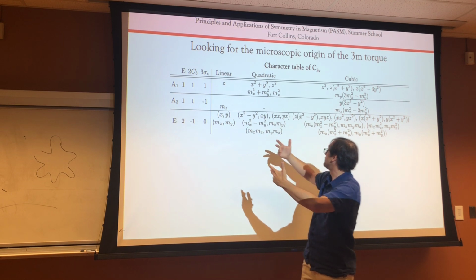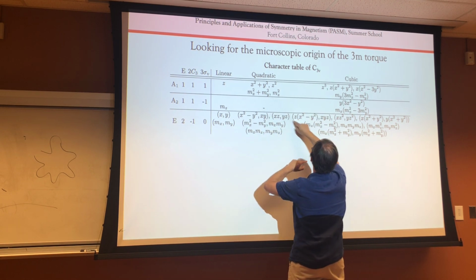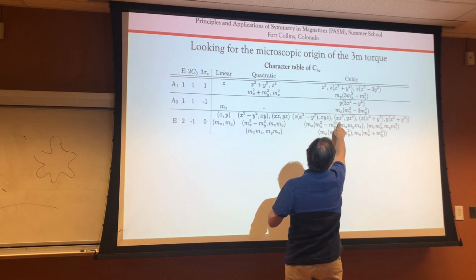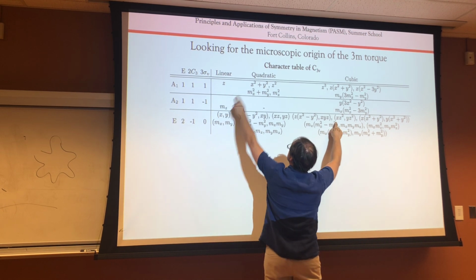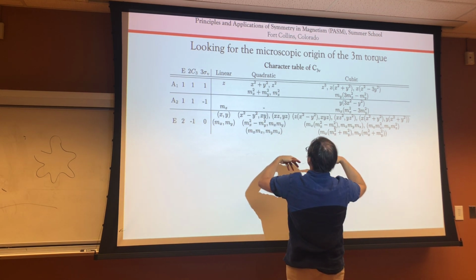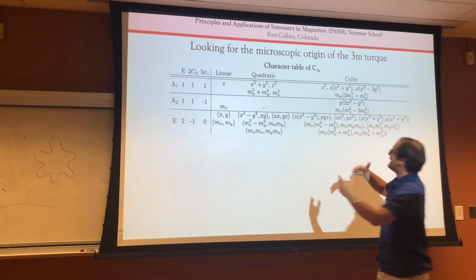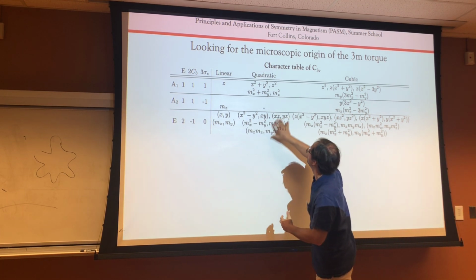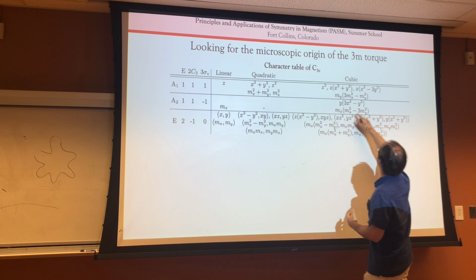This is the kind of thing we have to consider, and you see that this vector here is just this one multiplied by z. This vector here is just the xy multiplied by z squared, and so on and so forth. So the only interesting elements that are a little bit different from just the trivial combinations are those guys.